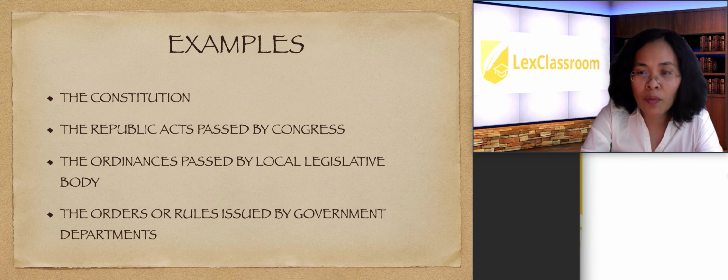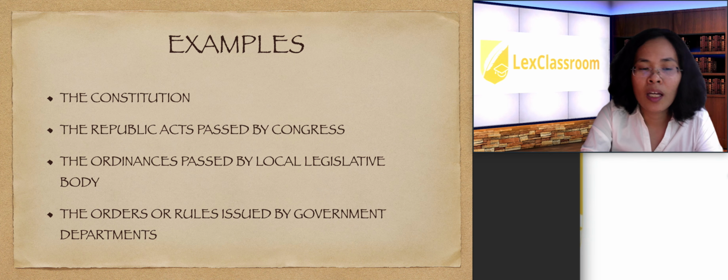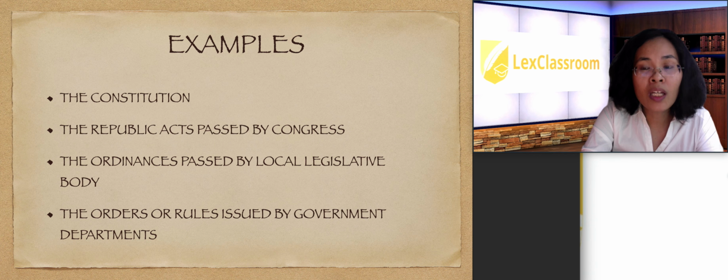I'm talking about the modern ones, because it could be the BP or Batas Pambansa or the Commonwealth Act or CA, or the ordinances passed by local legislative bodies, which could be, as we knew in the past lessons, the city, provincial, the municipal, and even the barangay.